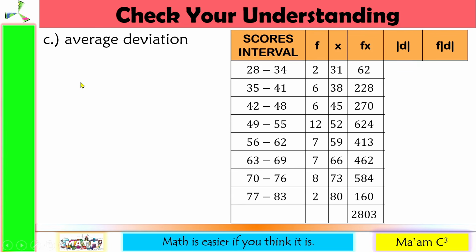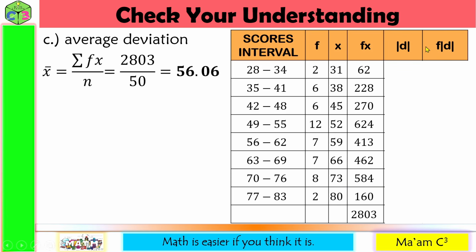Once again, the formula is the summation of fx over n. Summation of fx is 2,803 divided by our n, which is 50. And this is 56.06.